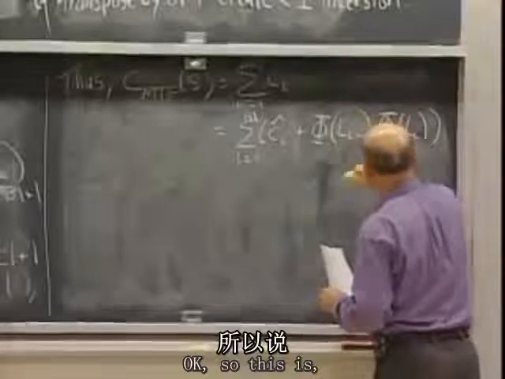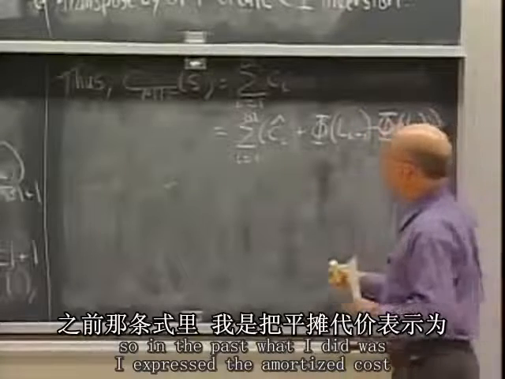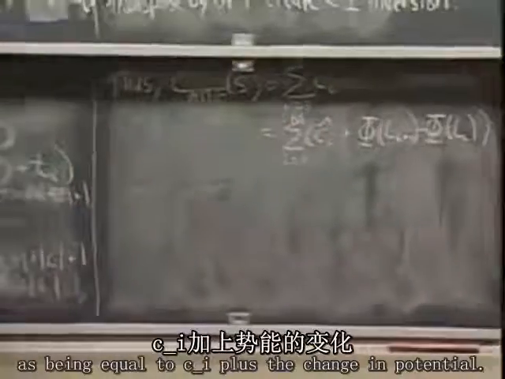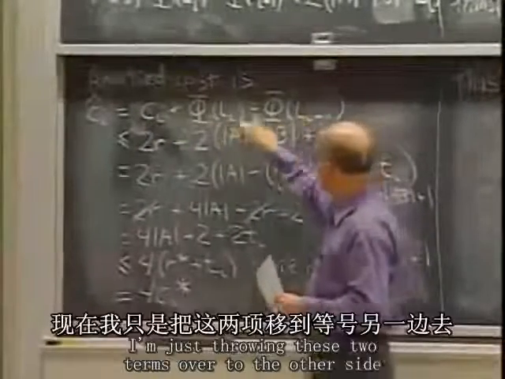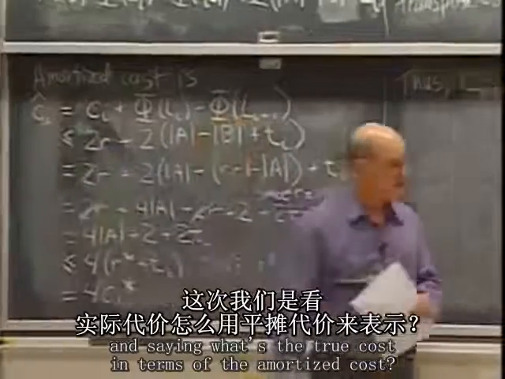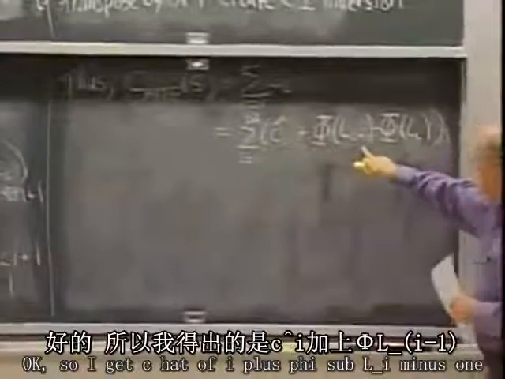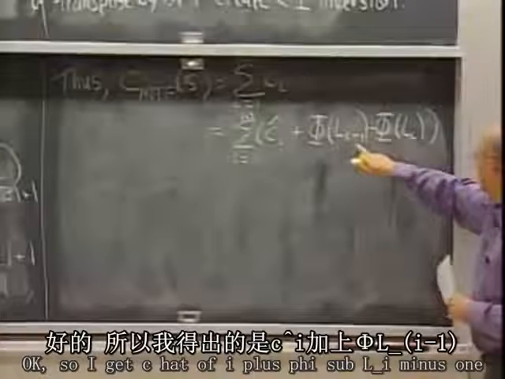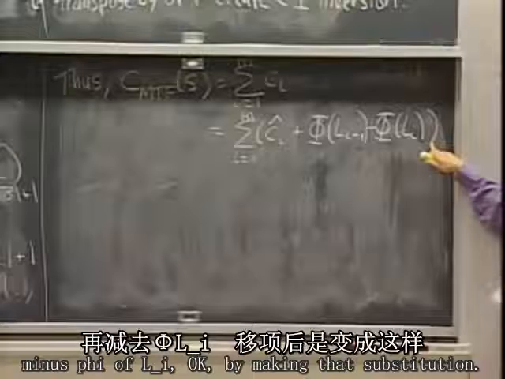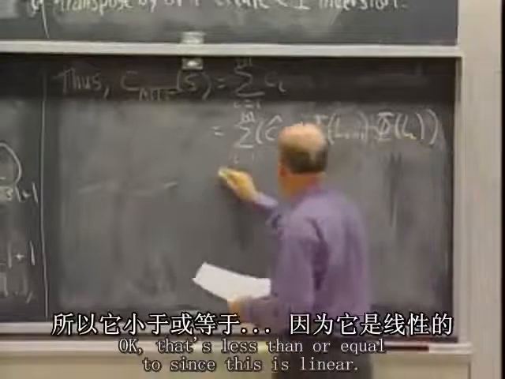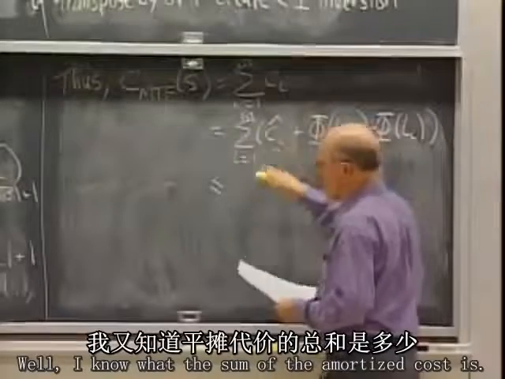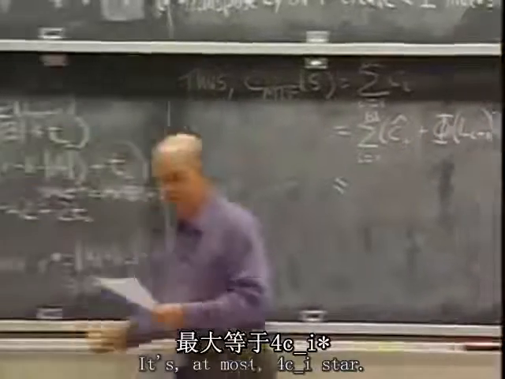So in the past, what I did was I expressed the amortized cost as being equal to Ci plus the change of potential. I'm just throwing these two terms over to the other side and saying what's the true cost in terms of the amortized cost. So I get phi sub i minus 1 of L sub i minus 1 minus phi of L sub i, by making that substitution. That's less than or equal to, since this is linear, well, I know what the sum of the amortized cost is. It's at most 4 Ci star.